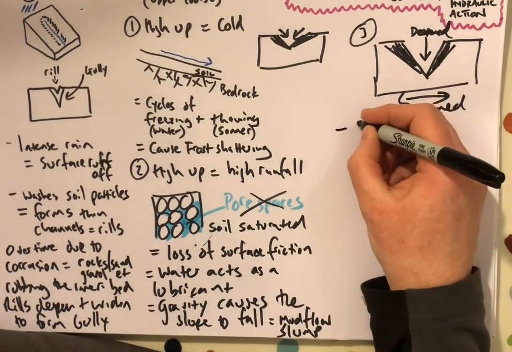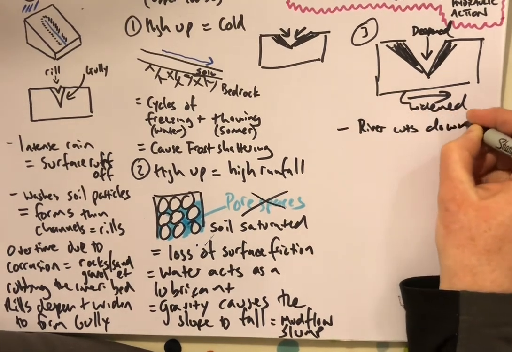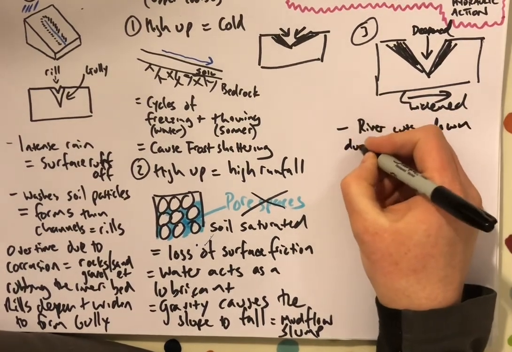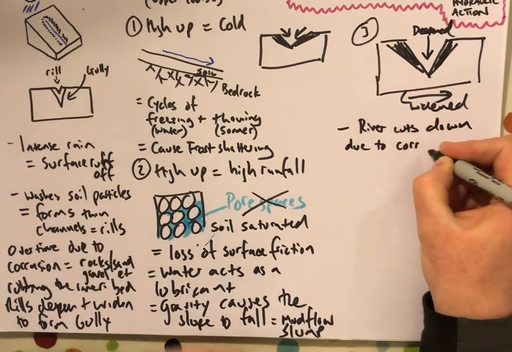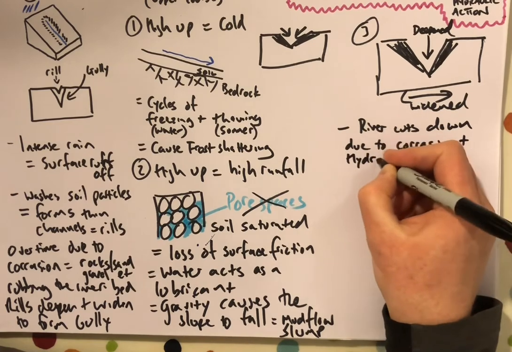So the river cuts down due to corrosion, which we've already mentioned, and hydraulic action.